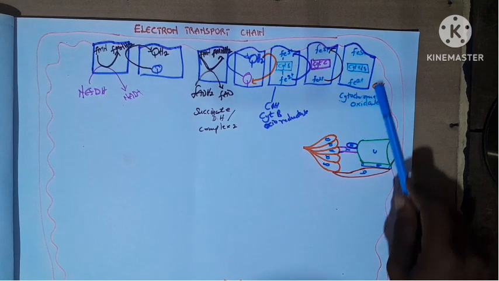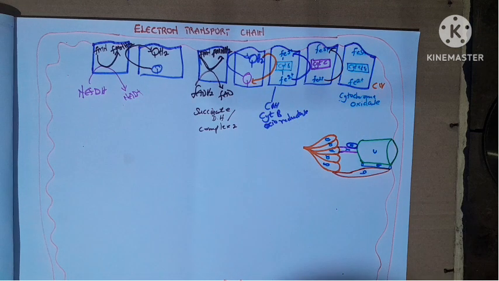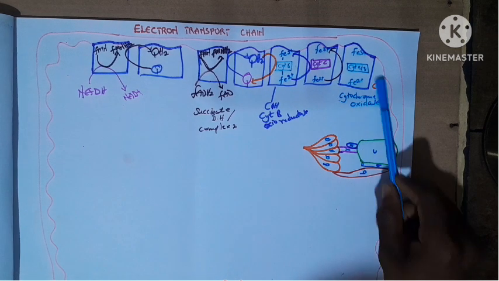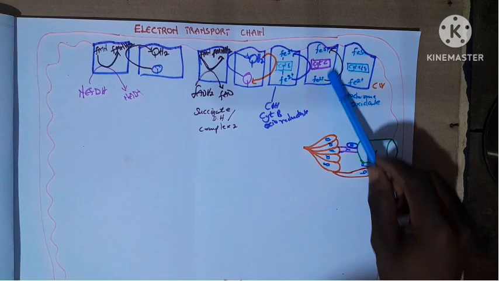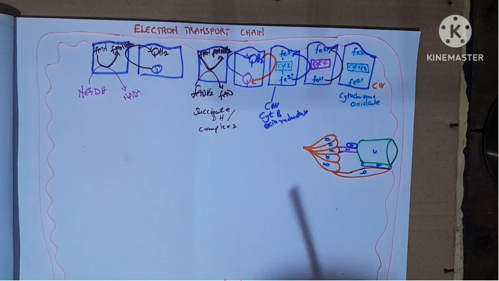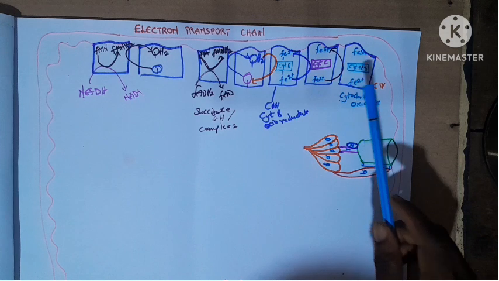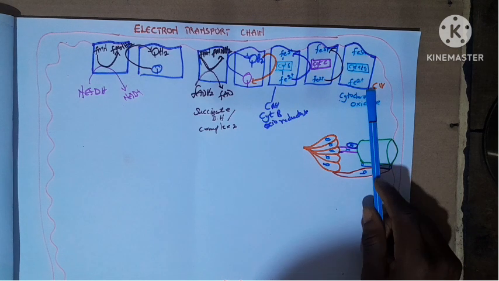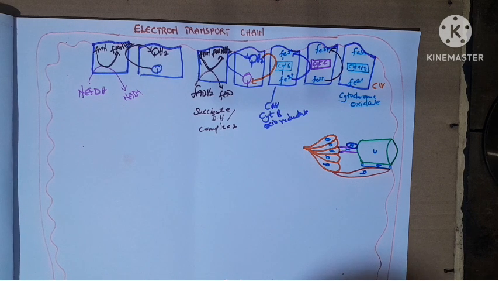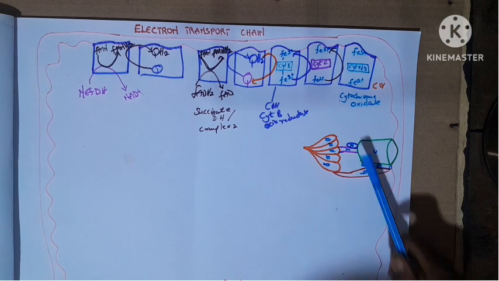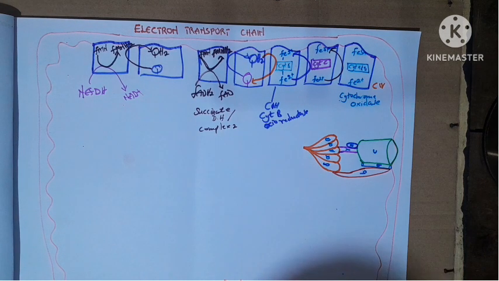This cytochrome oxidase has a pore that will pump the protons into the intermembrane space. So like I said, we pump protons in complex 1, complex 3, and then complex 4. These are the complexes or steps in which we pump protons into the intermembrane space.